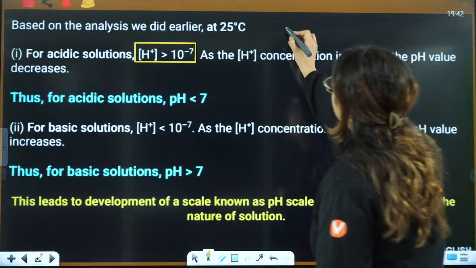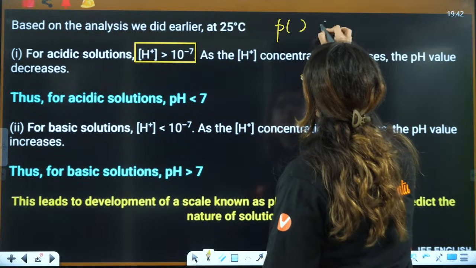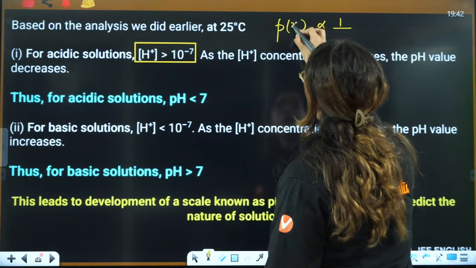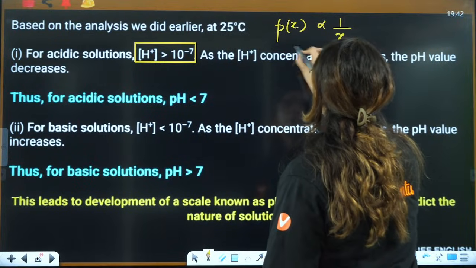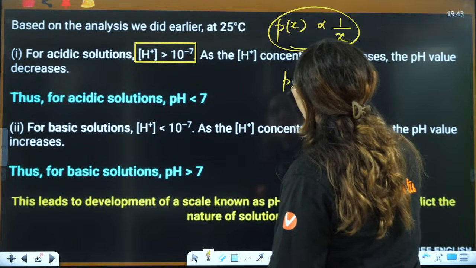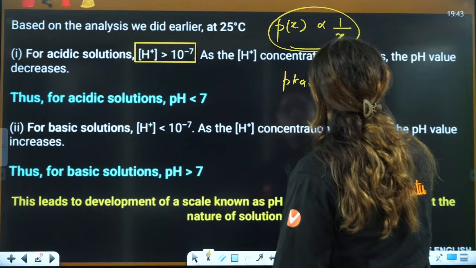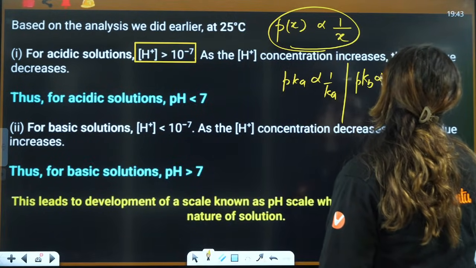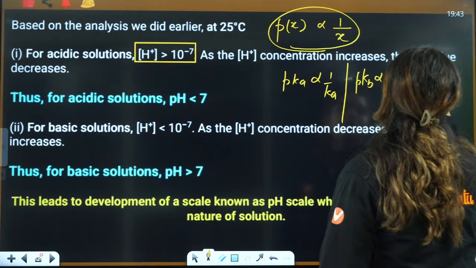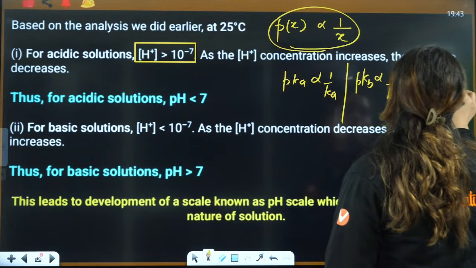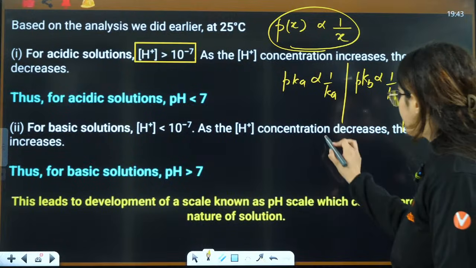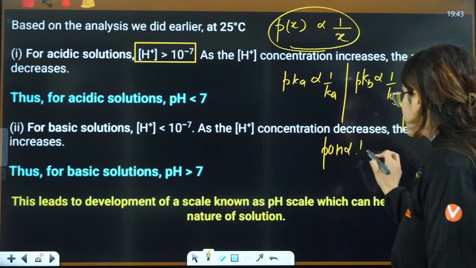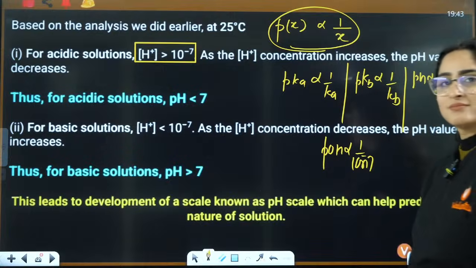Because P of X is always inversely proportional to X. We have seen this in pK is inversely proportional to K, and pKb is inversely proportional to Kb. Similarly, pH is inversely proportional to H positive, and pOH is inversely proportional to OH negative, right?